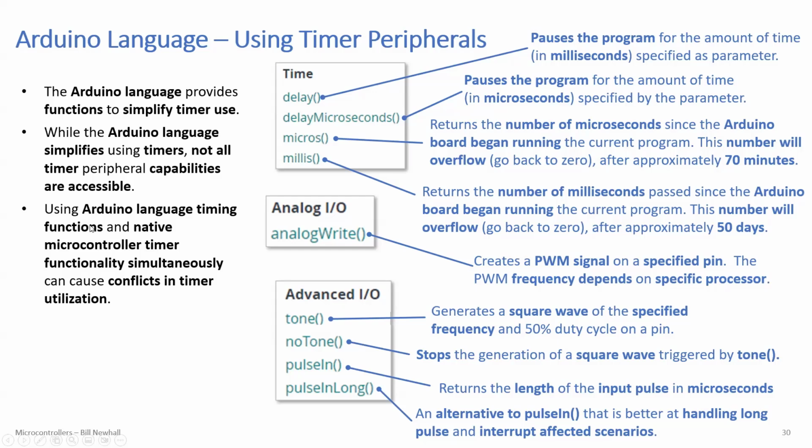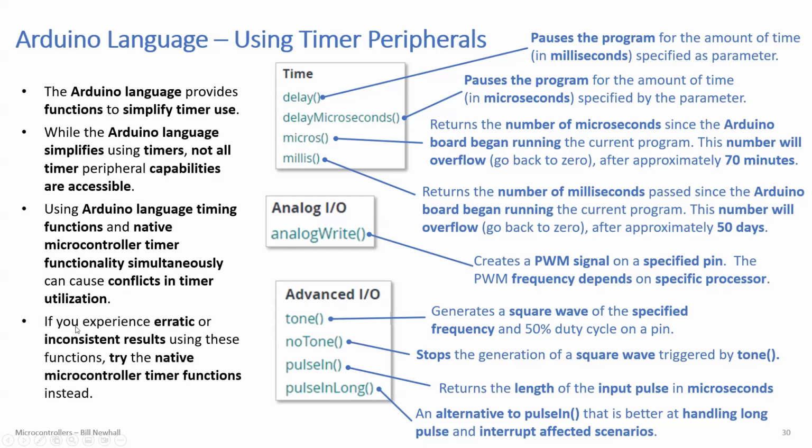If those aren't working for you, don't use the Arduino functions. Program the microcontroller timer peripheral settings at a low level. And those are accessible from the Arduino language. And if you are experiencing erratic or inconsistent results using the functions, then also try the native microcontroller timer functions.